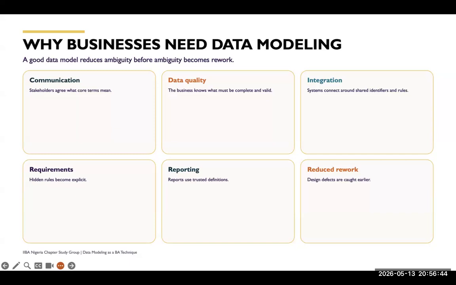It also helps with data quality. The data quality must be complete and valid. It helps with integration. It helps with requirements. Like we said earlier, hidden rules become more explicit. It helps with reporting as well.